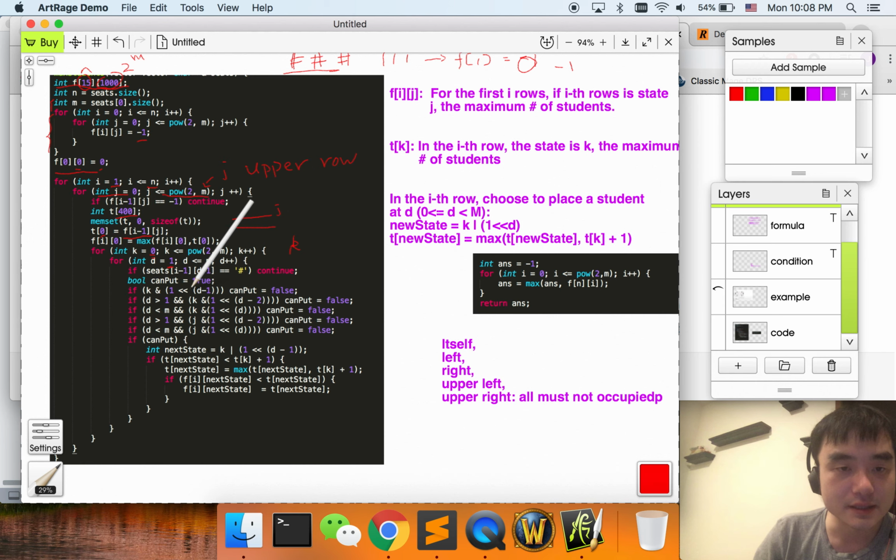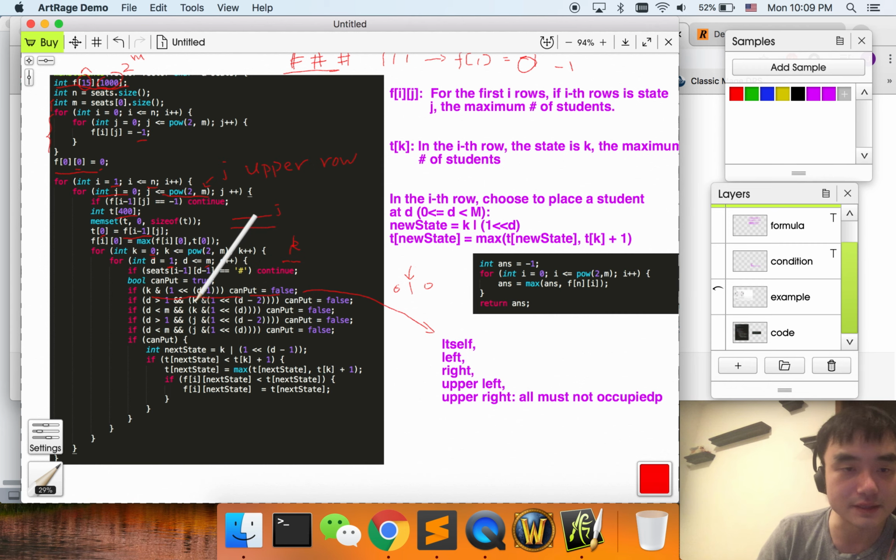And because the current state is k, we need to make sure we do not choose an option where the seat is already occupied by k. If k is like this and we want to put another student at this place, we are going to get false here.